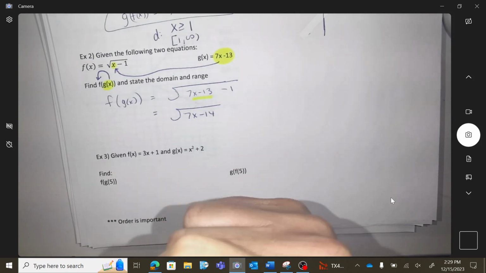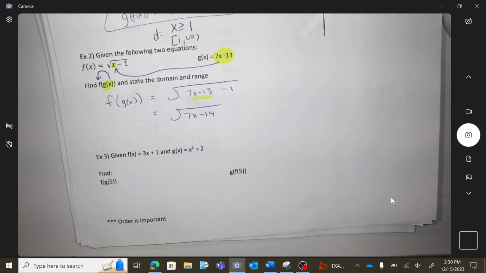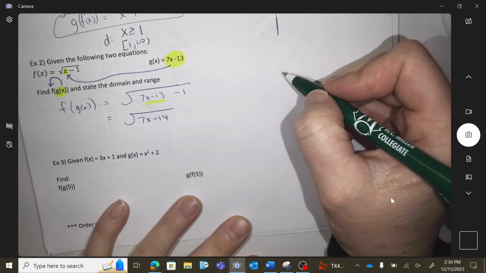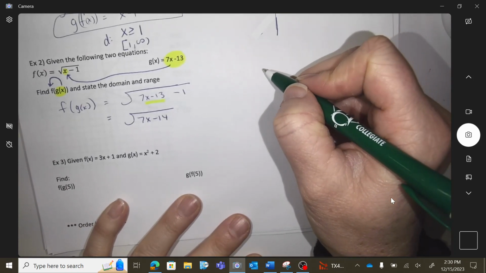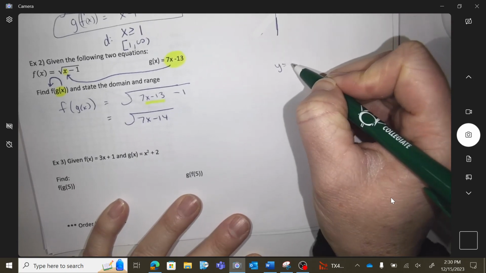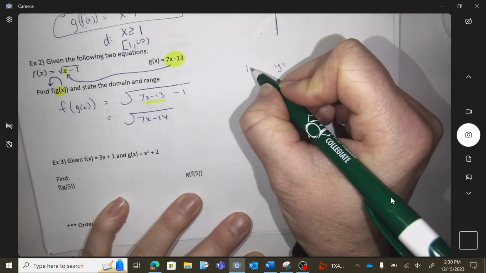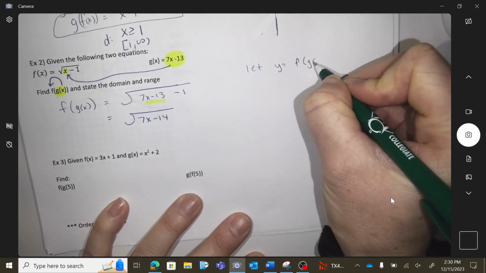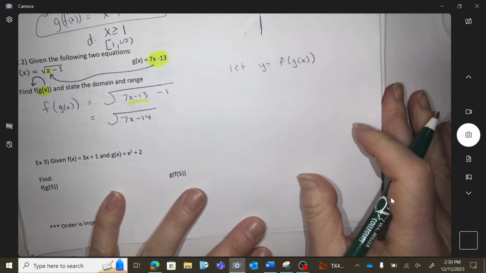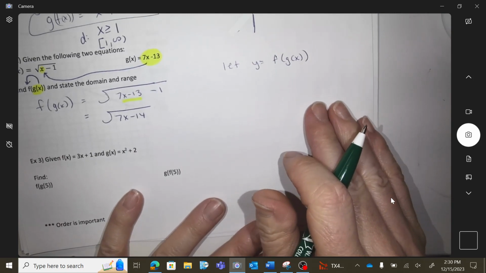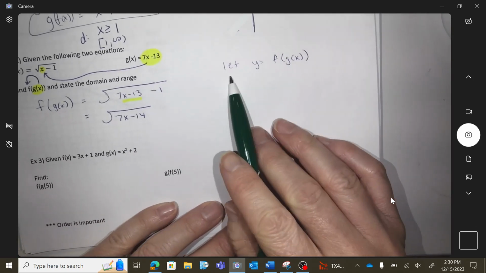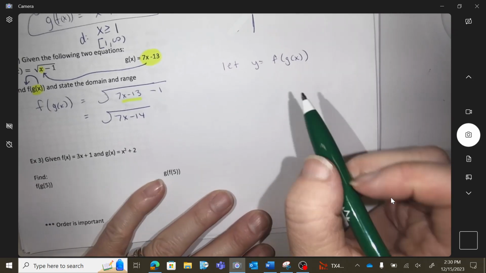So there's my equation. So I found the equation, but now it says state the domain and range. So now I go to what do I know about radicals? Okay, so over here with my scrap work, I'm going to let y equal this.